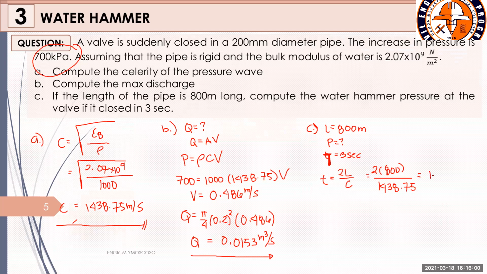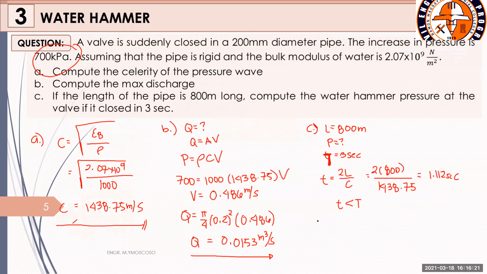That is 1.112 seconds. Tama. Therefore, your time of closure is lesser than the time given by the situation. Therefore, it is not yet the maximum pressure.